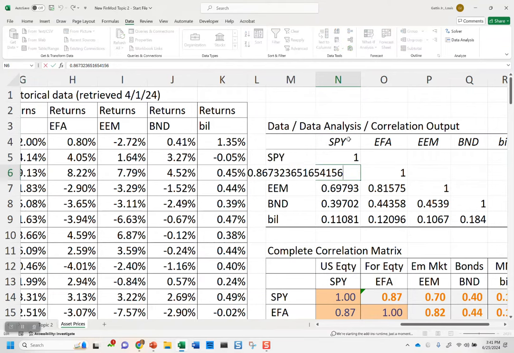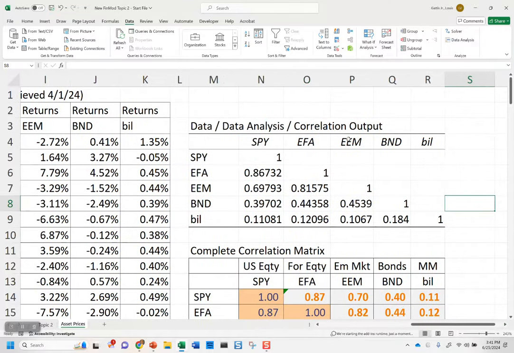So SPY has 0.86 correlation to EFA, 0.697 correlation to EMA. That's the emerging market stock. EFA is the developed nation stock minus North America. It has a 0.39 correlation to bonds and 0.11 to bills or money market. So these are my correlations.